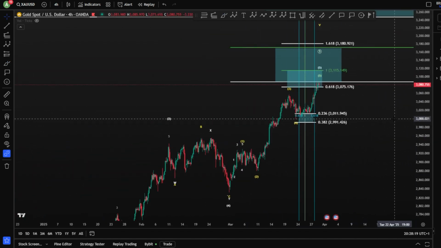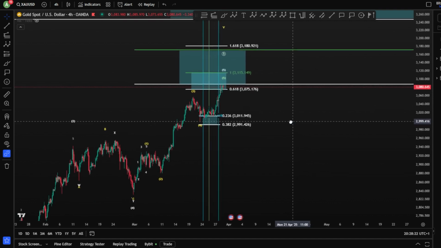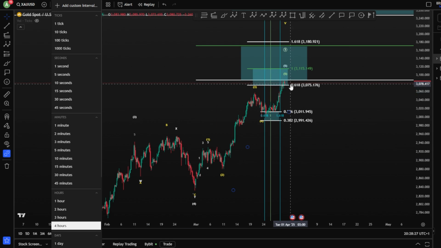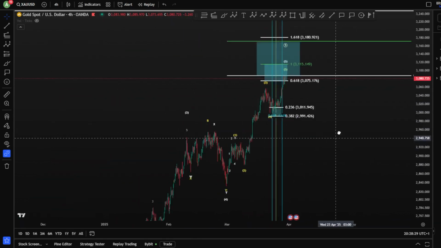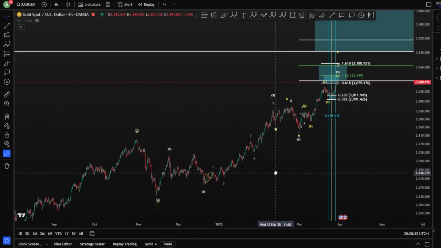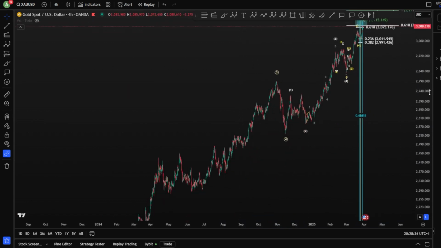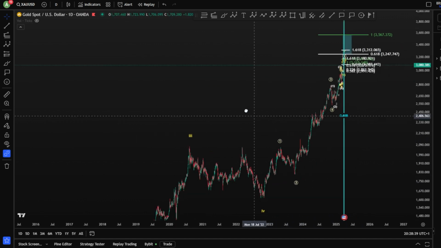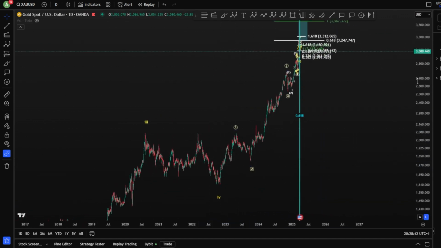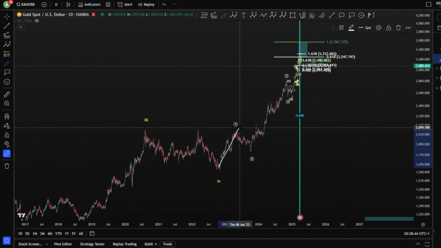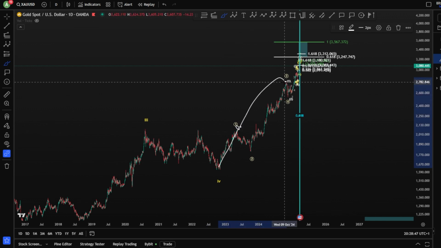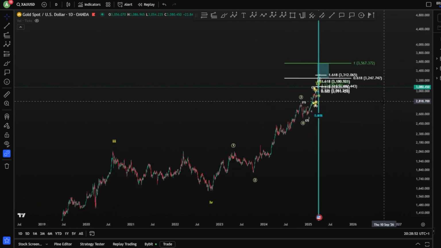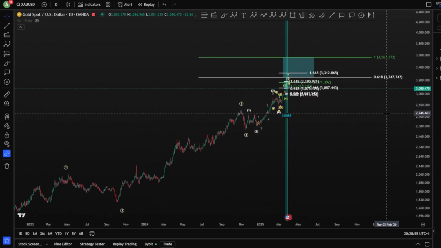As you can see, our targets have been hit today, a new all-time high again, 3087. And we hit the 0.618 of the wave 5, meaning this wave 5 of this impulse. Let's find it here. Okay, we need an even higher time frame. Here we go. This wave 1 here, taken as a fib level based on the wave 3, gives us those fib levels, this blue box between the 1 to 1 fib level and 0.618.